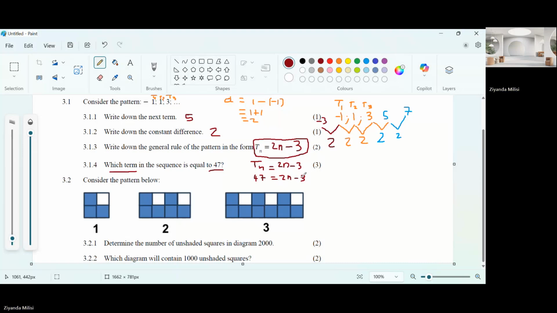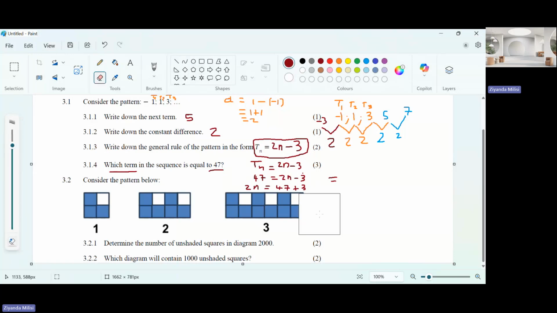You will have something like this: 2n equal to 47. Once you transpose the 3, once it crosses the sign, remember it was negative, it becomes positive 3.